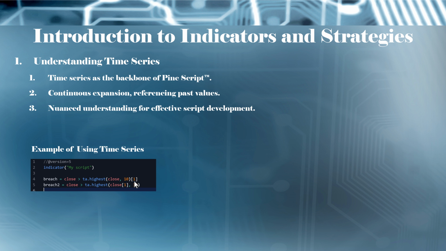And we access the previous bar of this highest time series. That's what we want to do. And on the second line, we access the current highest time series. However, we use the previous close bar that this highest time series uses. So we achieve the same result in different ways.